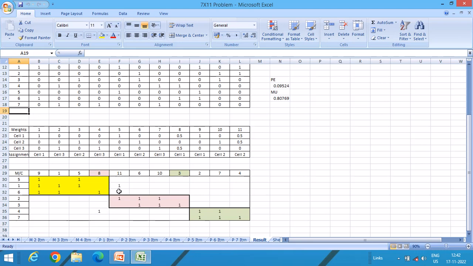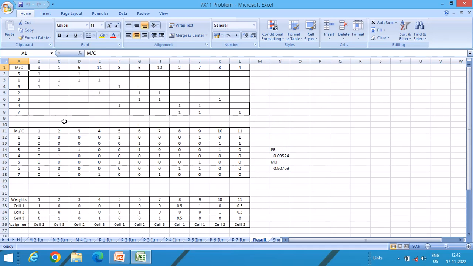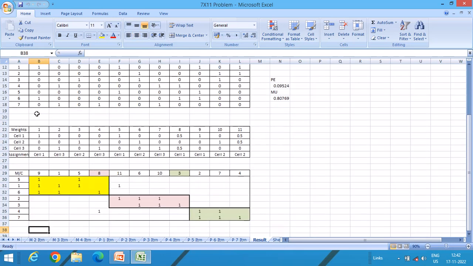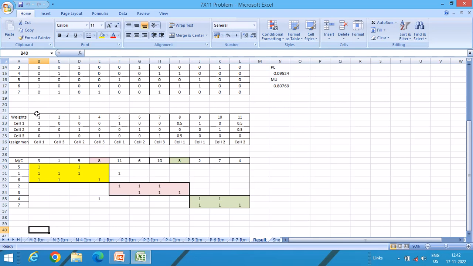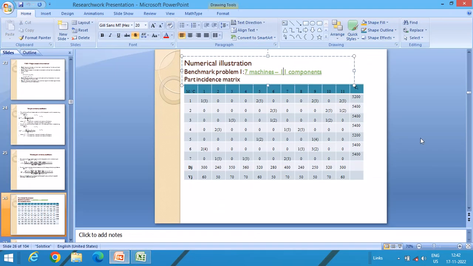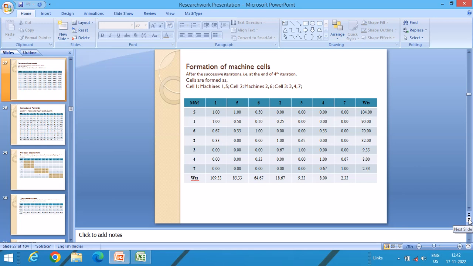So we have got only 2 exceptional elements compared with the pre-block diagonal form, where we have got nearly 4 exceptional elements. So the number of exceptional elements is reduced after using the weight based method. So likewise, we are doing this iteration process for all the benchmark problems. So this is the first problem.